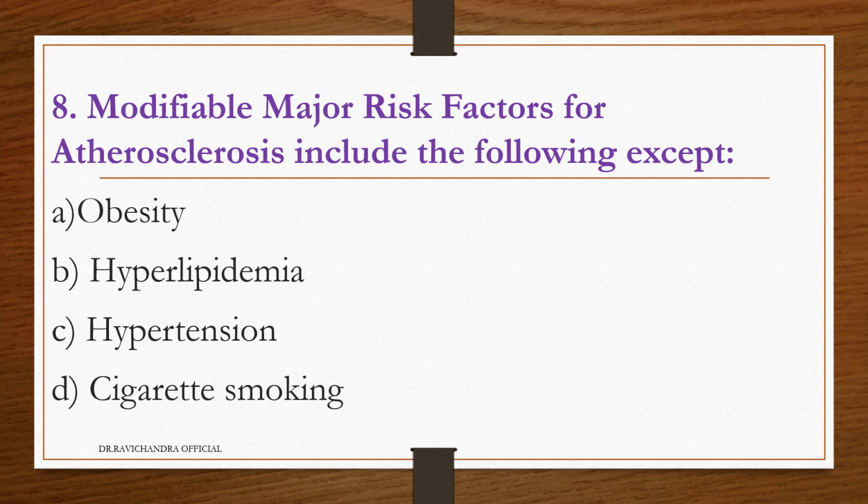While obesity is a risk factor for cardiovascular disease, it is not considered one of the major modifiable risk factors for atherosclerosis. The major modifiable risk factors for atherosclerosis are hyperlipidemia, hypertension, cigarette smoking, and diabetes mellitus.